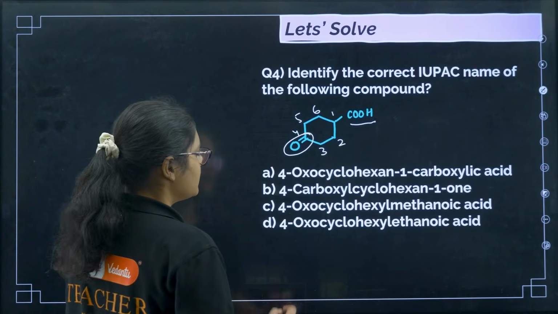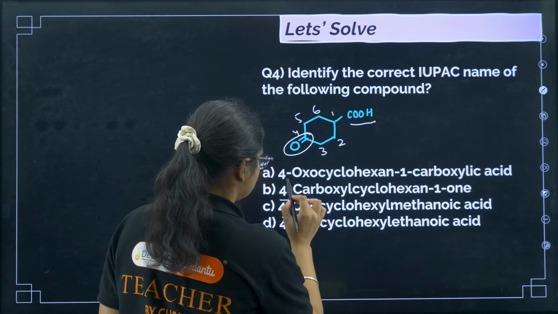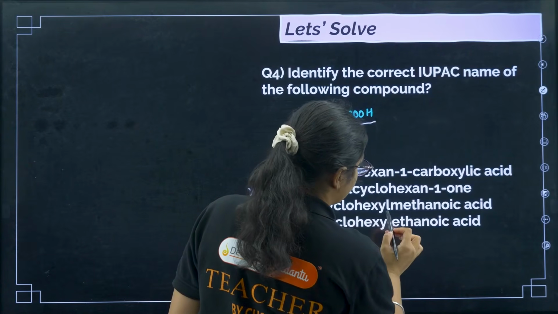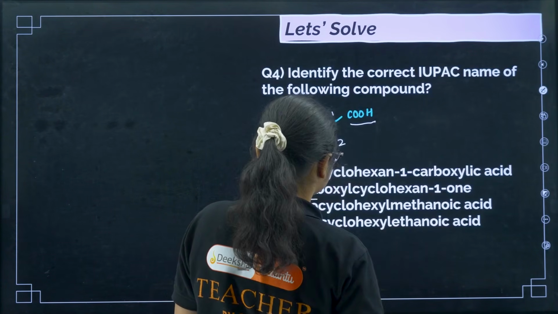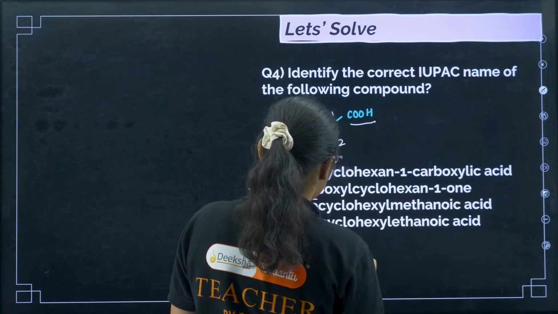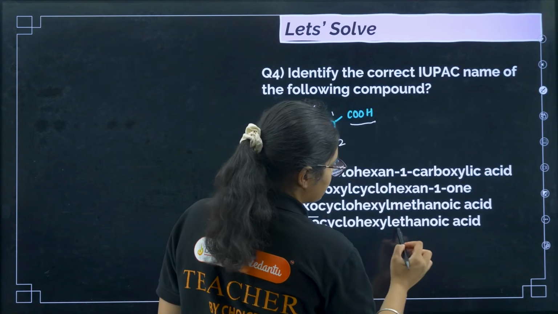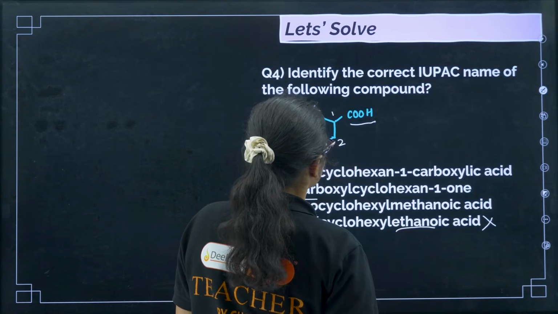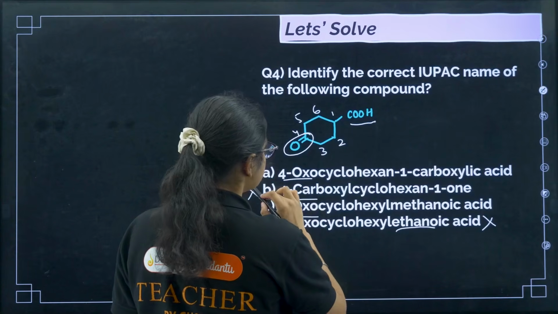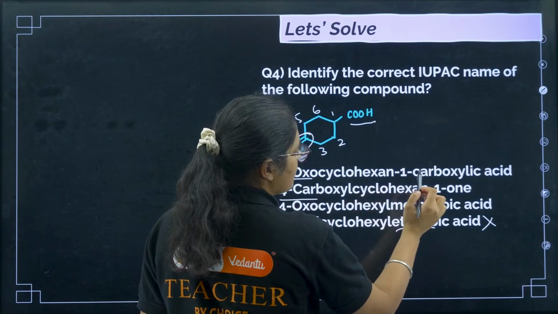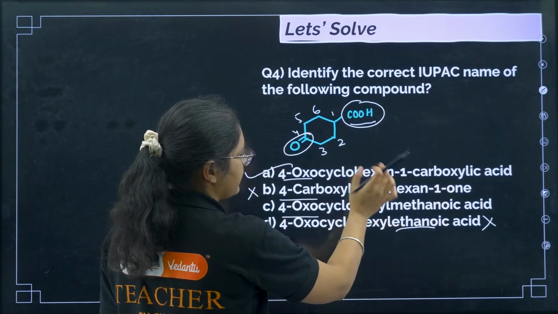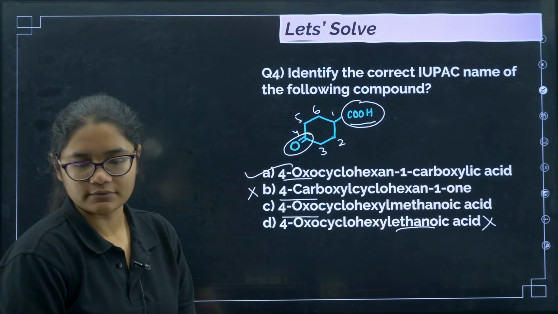So we get 4-oxo, and we can eliminate option number B. Options are 4-oxo cyclohexyl methanoic acid and 4-oxo cyclohexane 1-carboxylic acid. Ethanoic acid is not there. This one here is 4-oxo cyclohexane 1-carboxylic acid. If this is the functional group, you have to name it cyclohexane 1-carboxylic acid. Option number A.